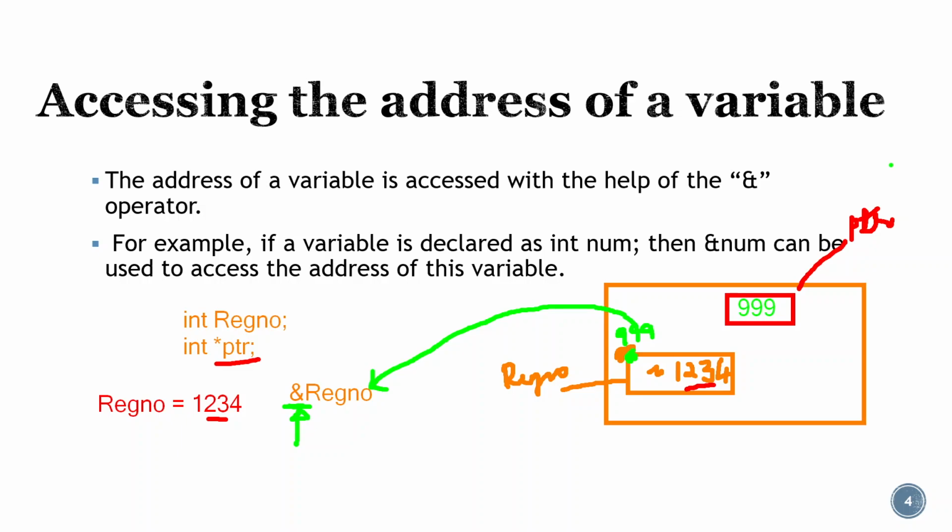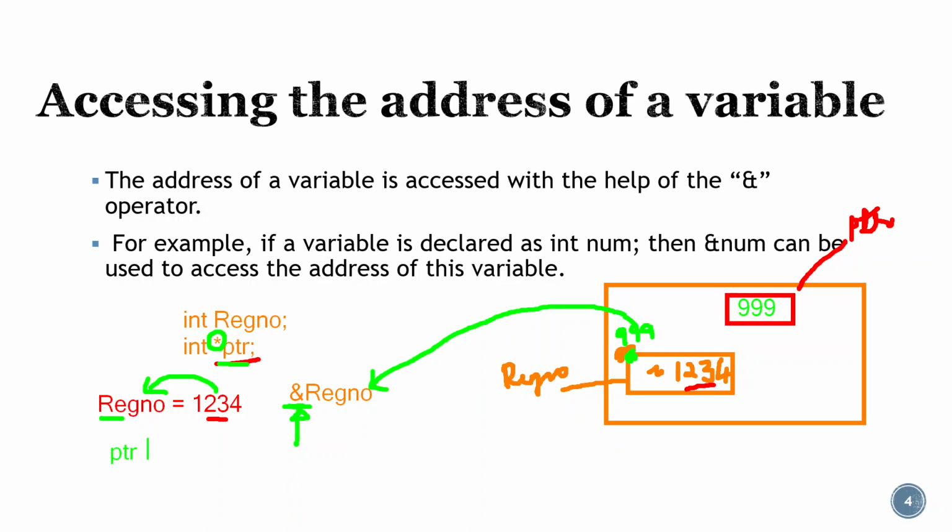How can I store the address of another variable? How do you store a value into a variable? You give the name of the variable and you specify the value. In the same way, you are going to say the name of the variable, which is ptr. If you notice here, the name of the variable is ptr, but it is made as a pointer with this star.